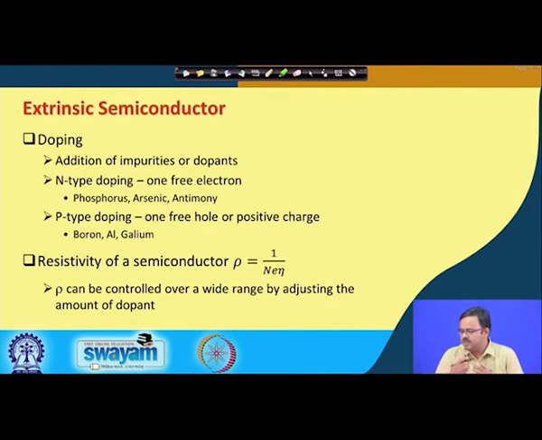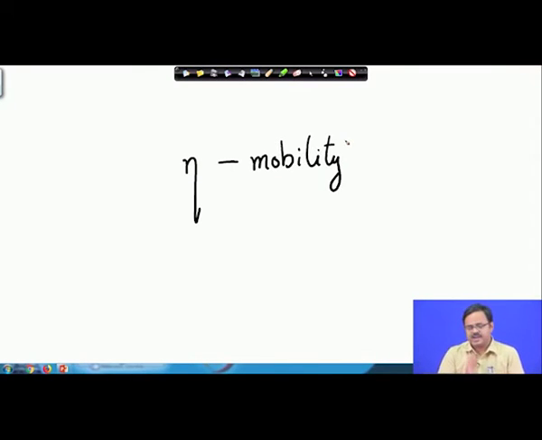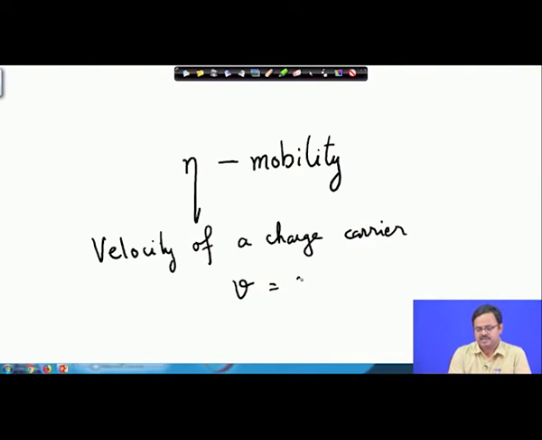Okay. So, the way mobility eta is defined is through the velocity of a charge carrier. If I write the velocity as v, that is given as eta times E, where E is the applied electric field.